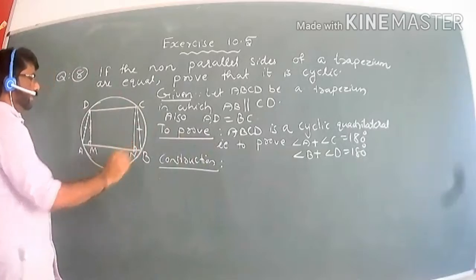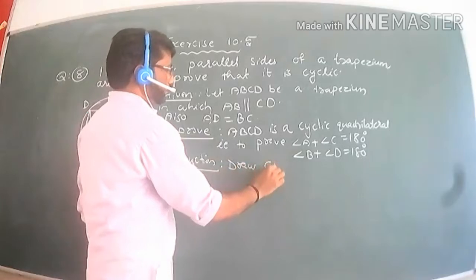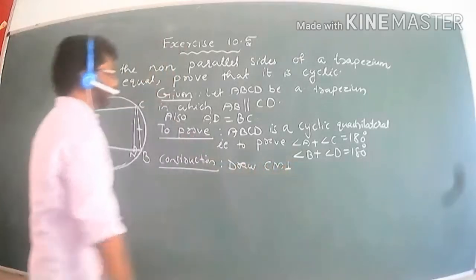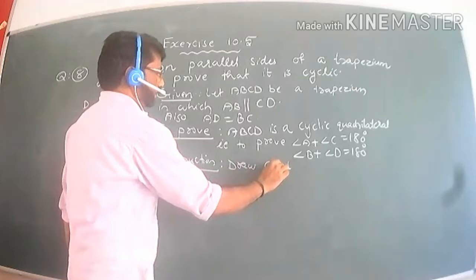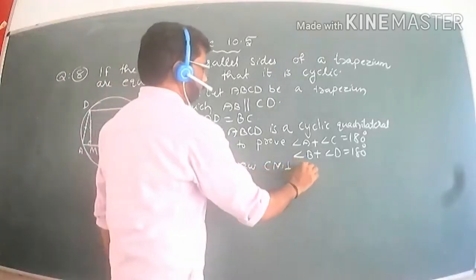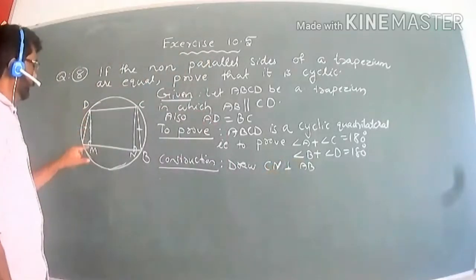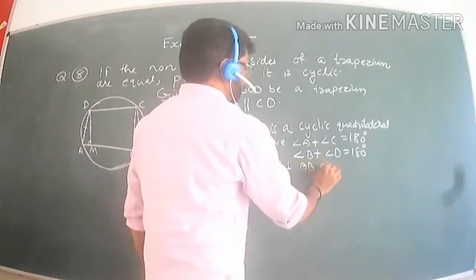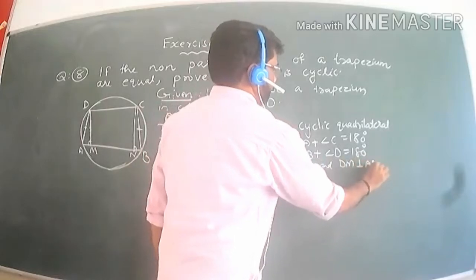Let us call it N. So draw CN perpendicular to AB and DM also perpendicular to AB.